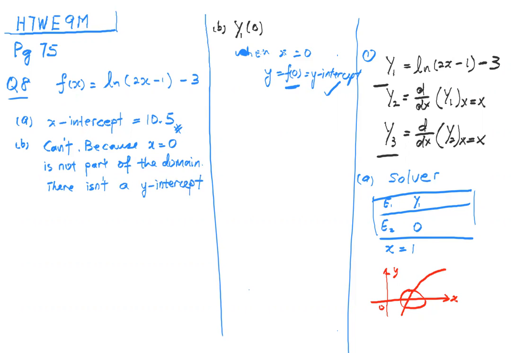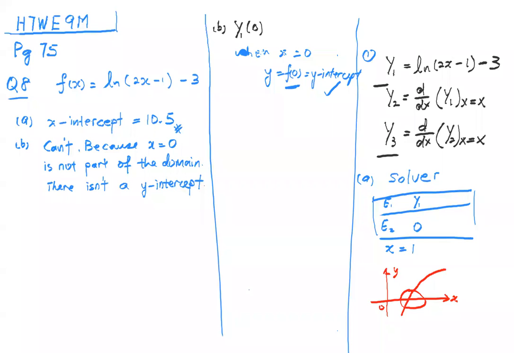That means you interpret to the examiner the meaning of f(0). Got it? If you can't find the x-intercept, that means f(x) equals 0 has no solution, so the significance is that there isn't an x-intercept. Or you can say the graph of this function never cuts the y-axis. So that is the significant part.